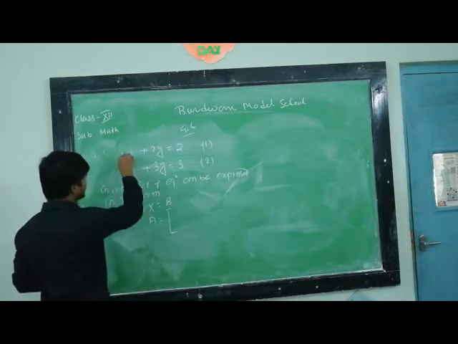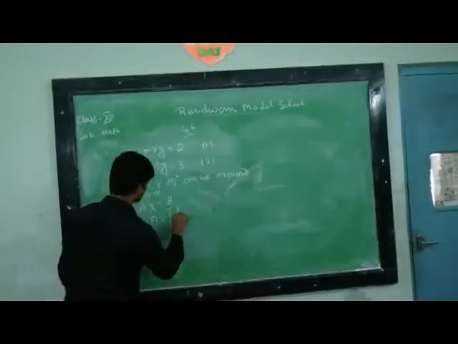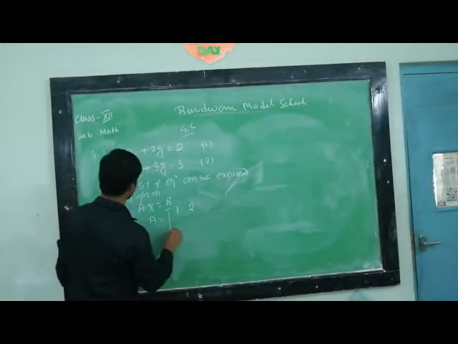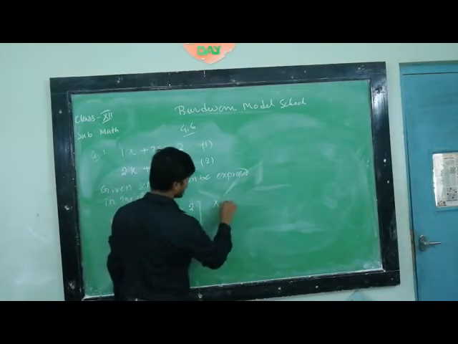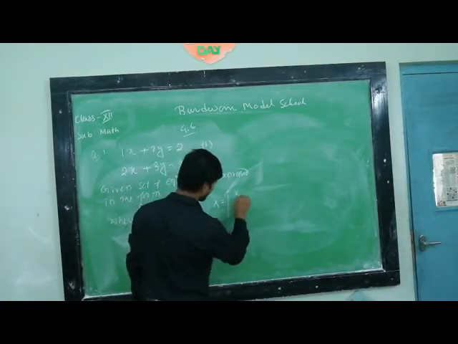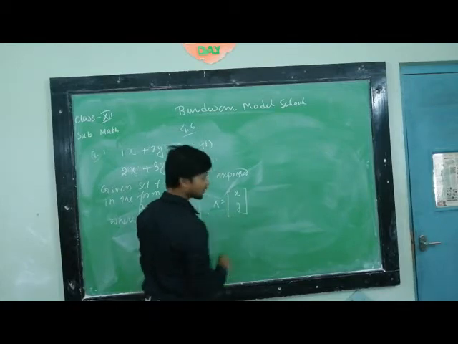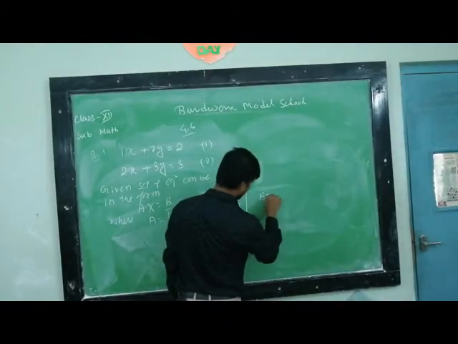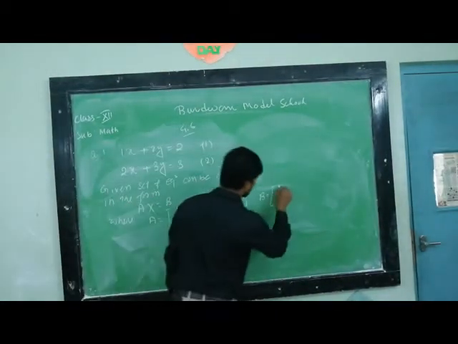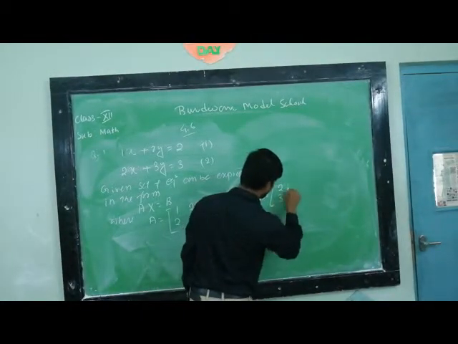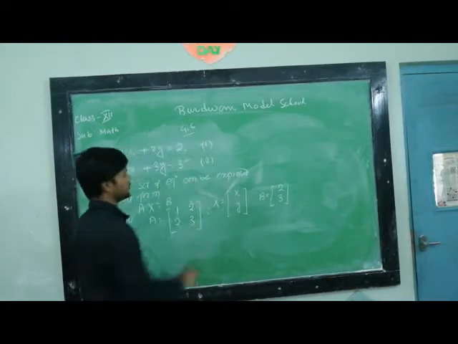So here the coefficients are 1, 2, 2, 3. X will be the column matrix containing two entries x and y, and B is also a column matrix containing just two elements, 2 and 3.